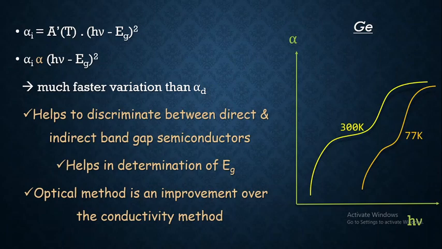In conductivity method you need to find out different parameters and then finally tell about the basic properties of semiconductor. But in the optical method, you are just incidenting some photons on the semiconductor and the output is studied, and based on the output easily you can find out different parameters or properties of semiconductor.